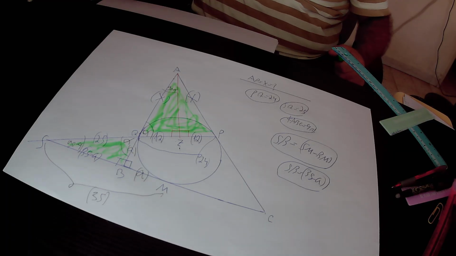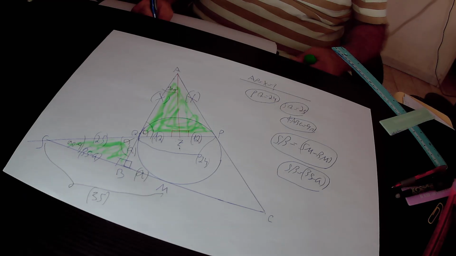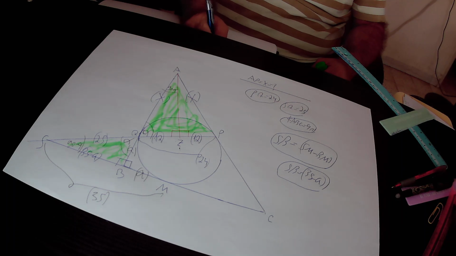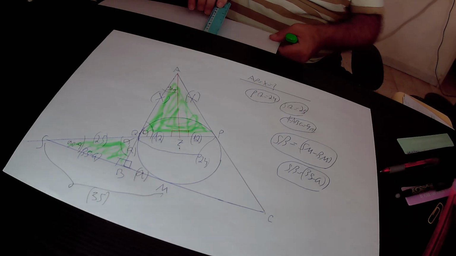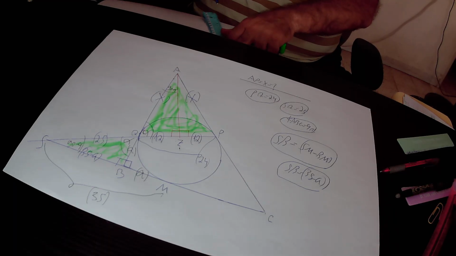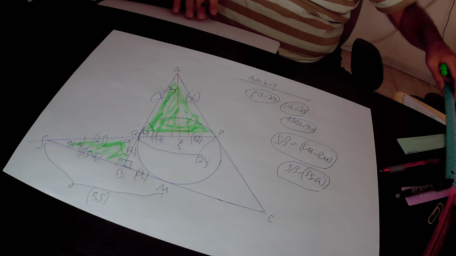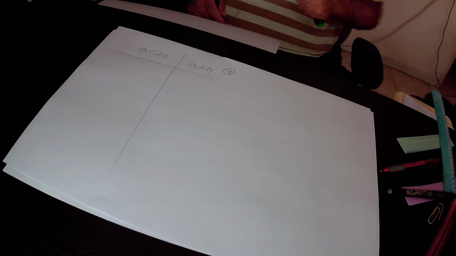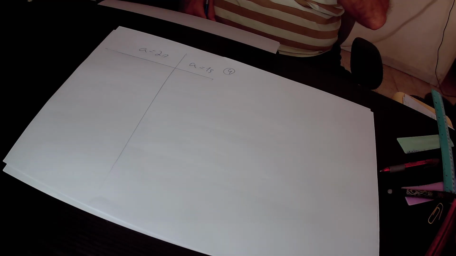We have two solutions for A. A could be equal to 20 or A could be equal to 15.